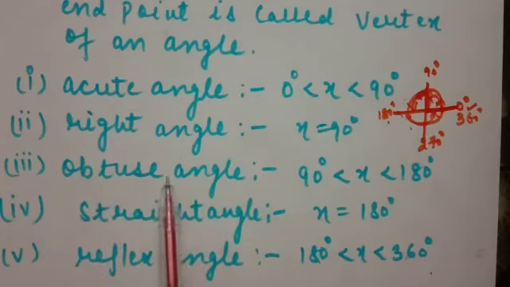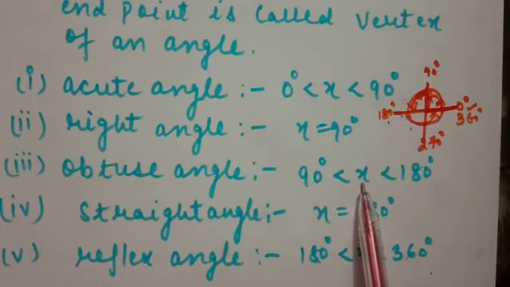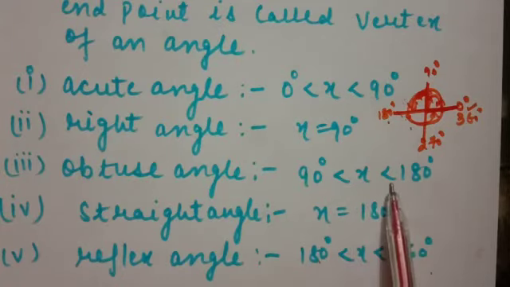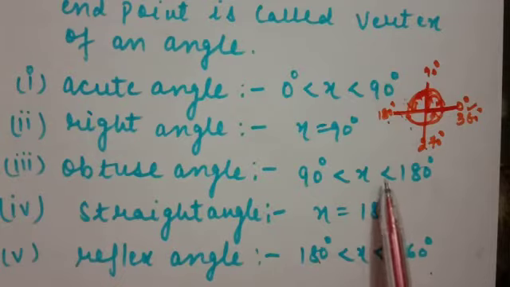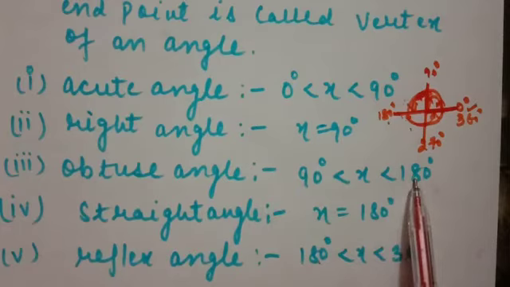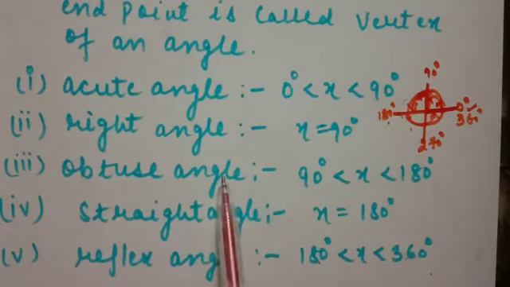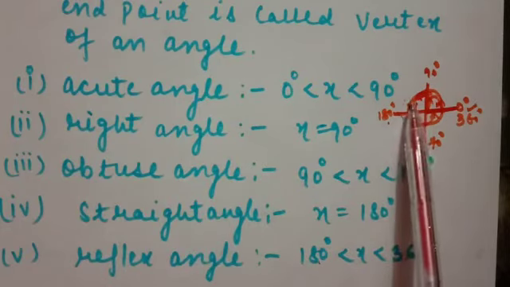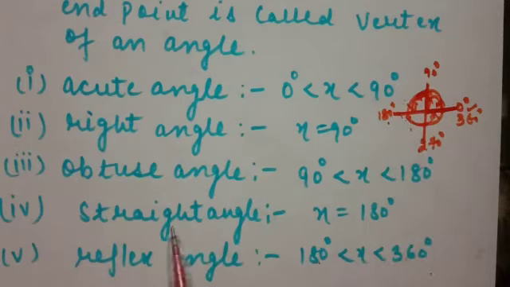Obtuse angles. We call angles obtuse whose measure is greater than 90 degrees but less than 180 degrees, or we can say those angles that lie between 90 and 180. It means it is present here in the second quadrant. Straight line angle.